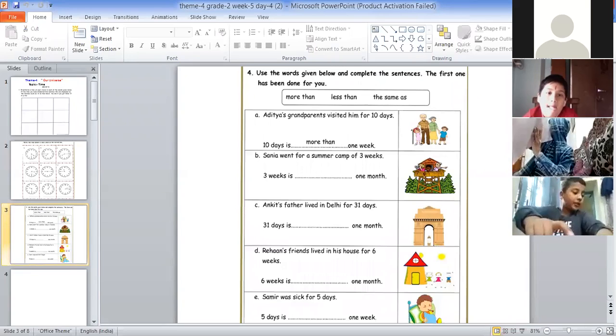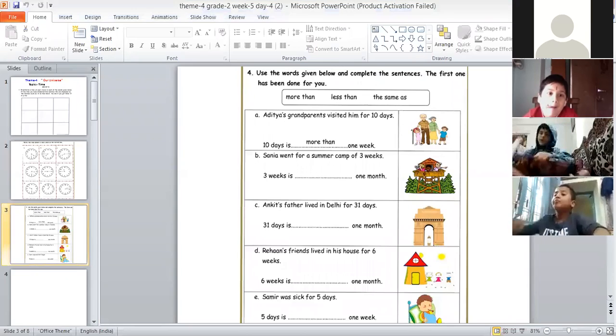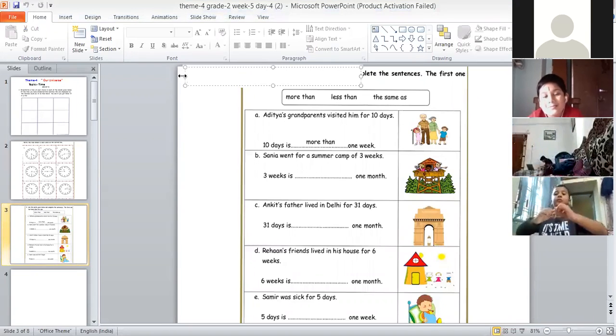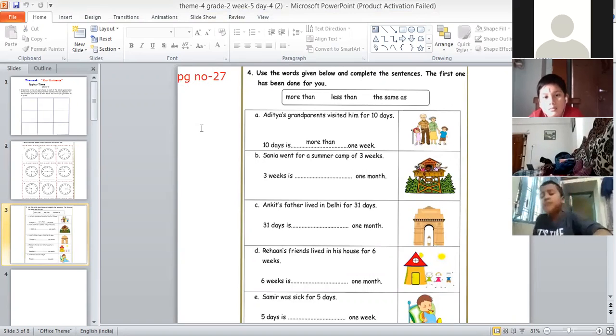This is page number 27 of your math course book.